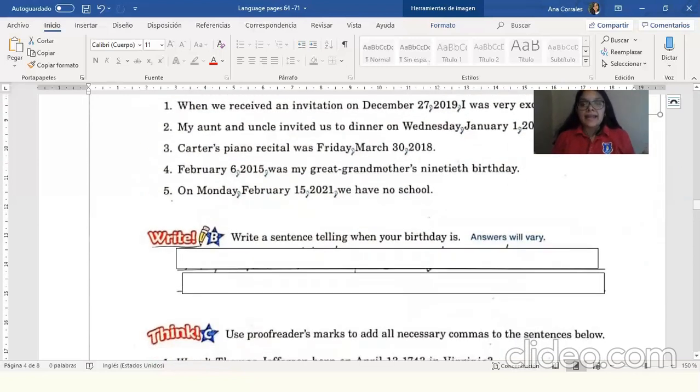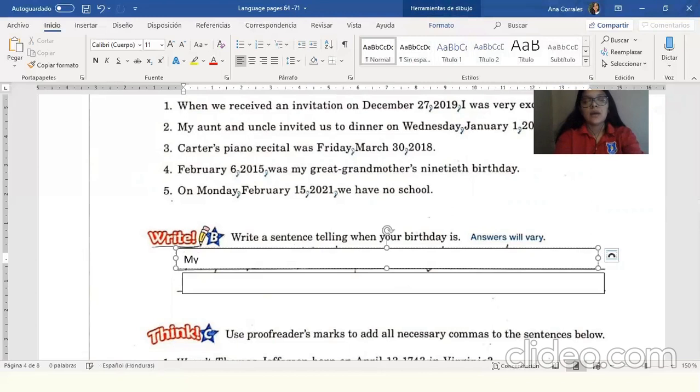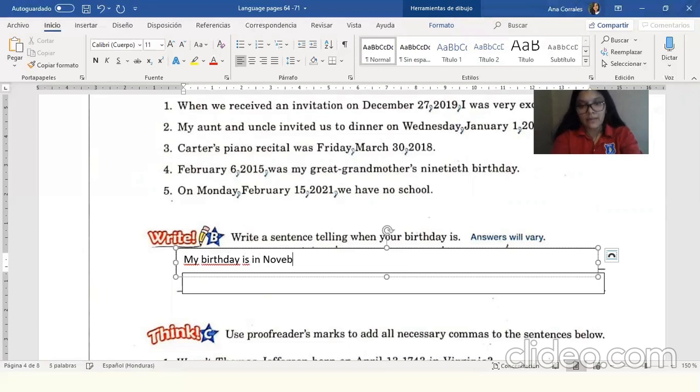Exercise B: write a sentence telling when your birthday is. You're going to write your birthday, not my birthday. I'm going to write my birthday, not yours. My birthday is in November 16.